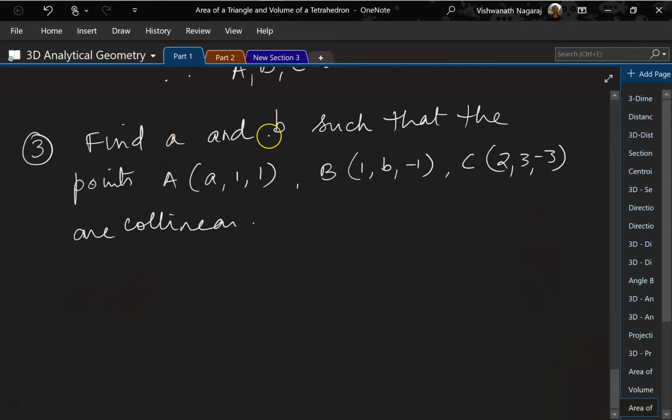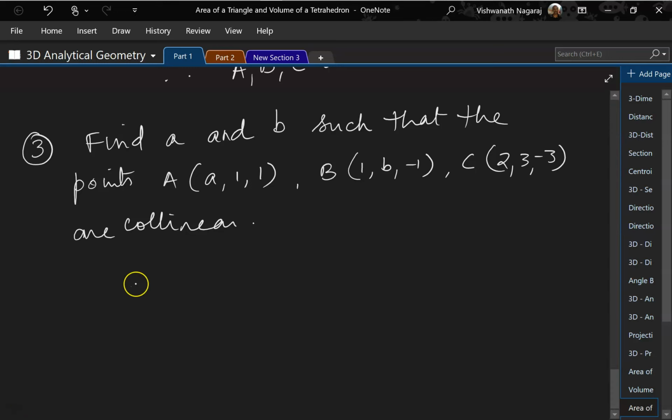So we have to figure out the values of a and b in such a way that these 3 points are collinear. So very similar to the previous problems, but a little bit twisted. So let's actually do this.